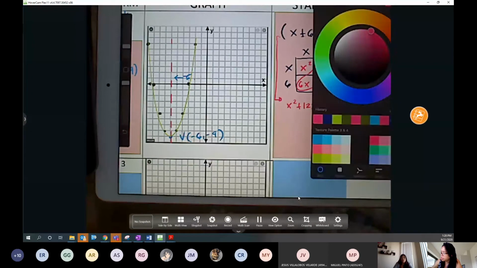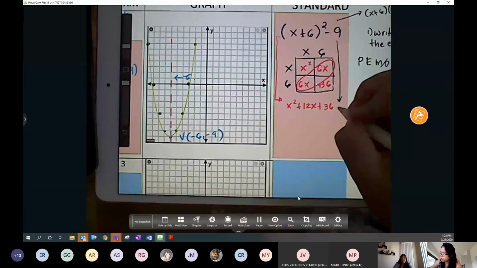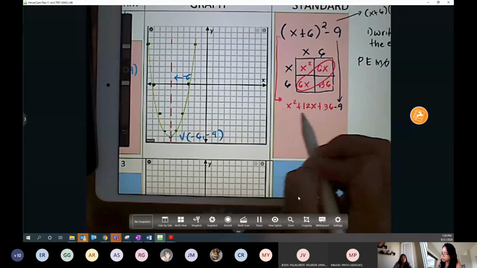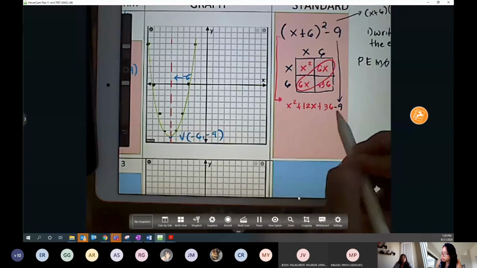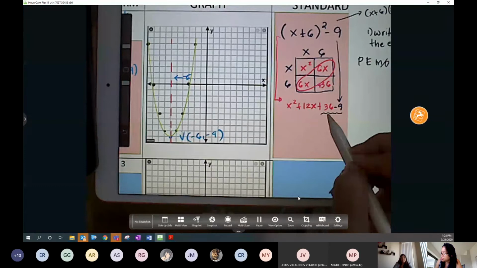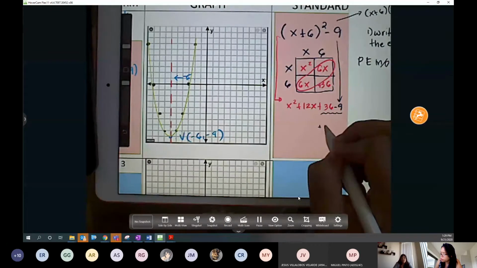And then we have a minus 9 here. Okay, so at this point, we don't have any parentheses, so we're good, but we need to simplify this too. 36 take away 9 is positive 28.